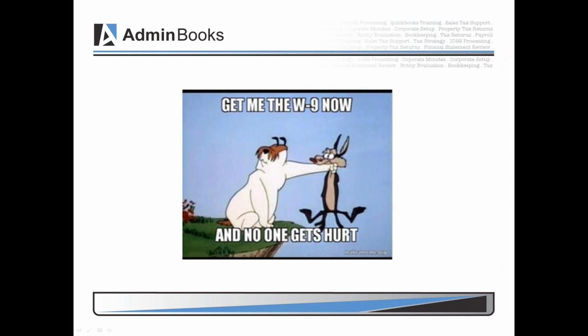So just be aware that if you have someone fill out a W-9 and ask them to include their email address, it does save a lot of time and effort on the people who are preparing those 1099s. But you do have to have permission from the vendor to send it to that email address. Great, thanks for sharing, Nikki.